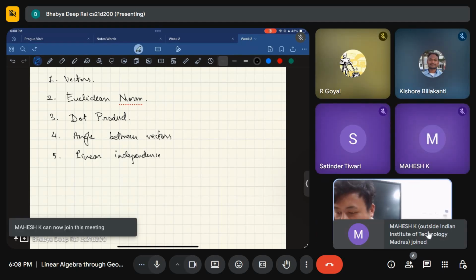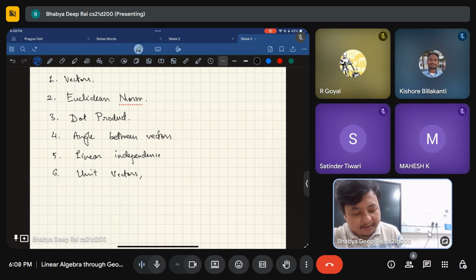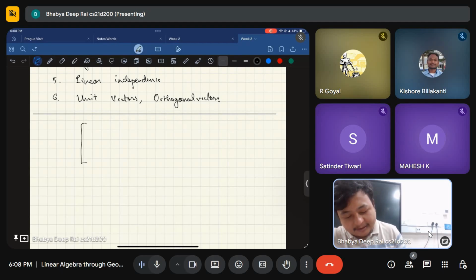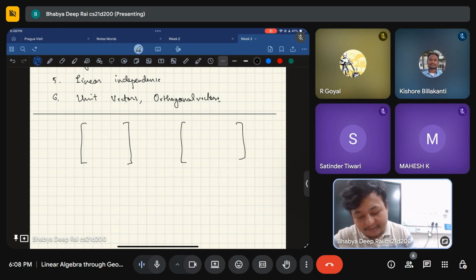I was telling you that there are these two major views in linear algebra to view a matrix. One view is the row view, as a system of equations. The other view is the column view, which is a collection of vectors.